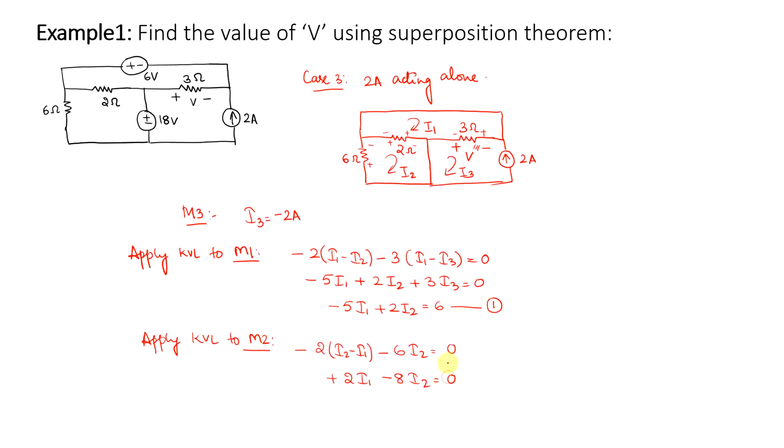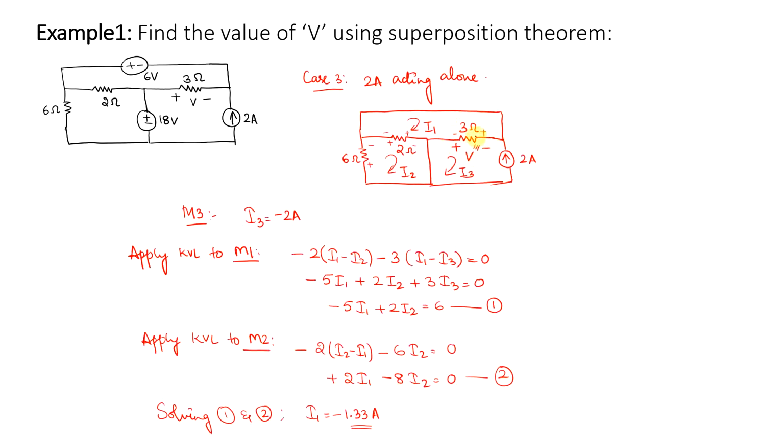Name this as equation 2. So solving the two equations 1 and 2, I get the value of current I1 to be equal to minus 1.33.